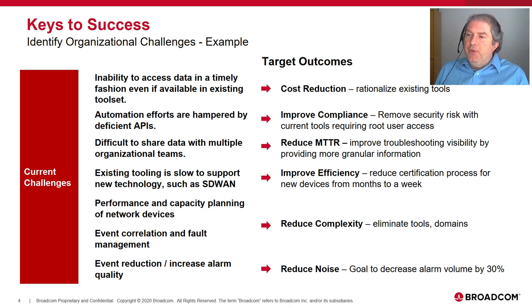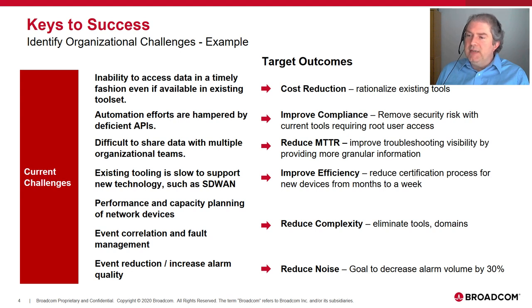This is an example from a recent customer engagement that I've had, looking at some of the current challenges and some of the target outcomes that they wanted to achieve. You see here, it's not product feature sets. It's not about we need this report or this widget. It's all about high-level features. We need to be able to share data with teams.